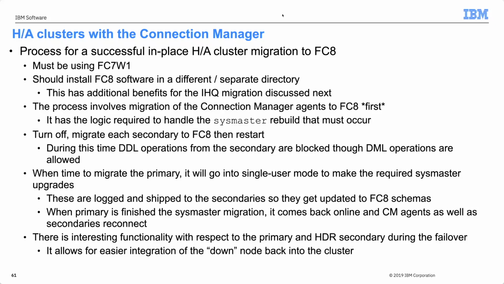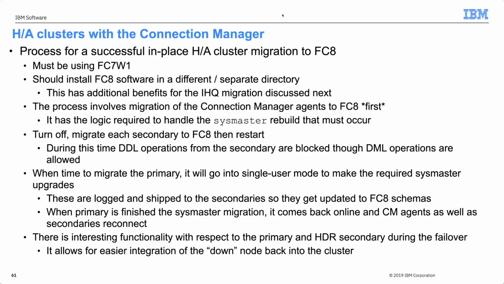Again, I go into great detail on what this process is in my FC8 deep dive, but you'll migrate the connection manager to FC8 first, then you'll turn off each secondary, migrate it to FC8, and then you will migrate the primary. And when the primary migrates, it will go into single user mode for a while, disconnecting all users so that it can update its sysmaster tables and everything else. Now, all of those changes will be logged in the logical logs.